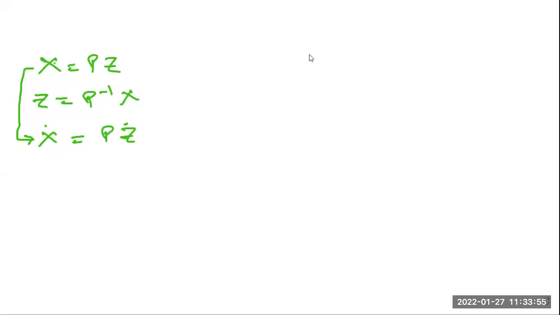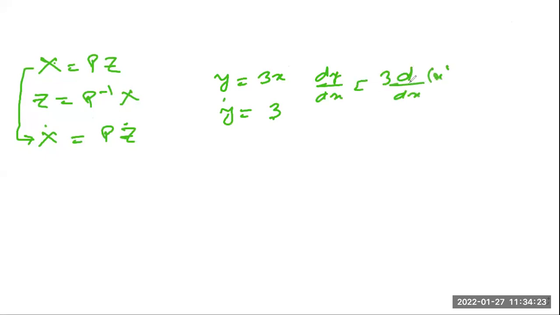Sir, did you differentiate z also? Yes, actually what is happening, you see, let us say y equal to 3 into x. So y dot will be equal to 3. What we are actually doing is dy by dx equal to 3 into d by dx of x.